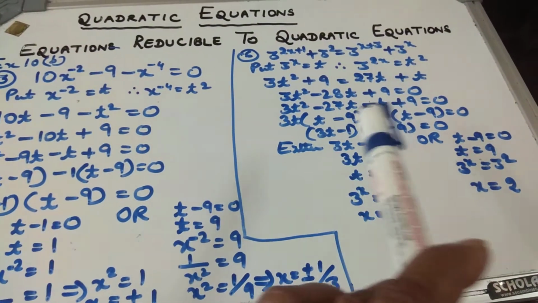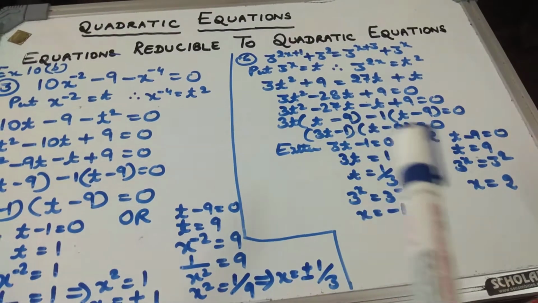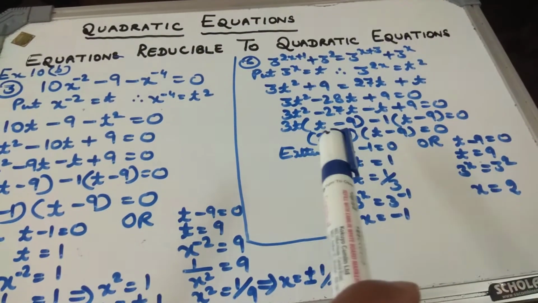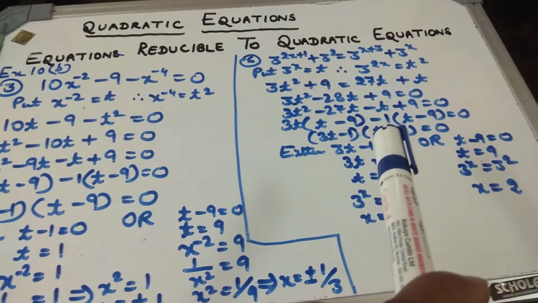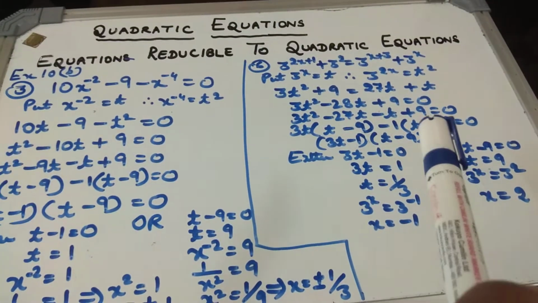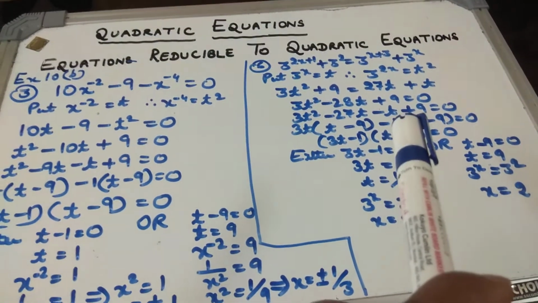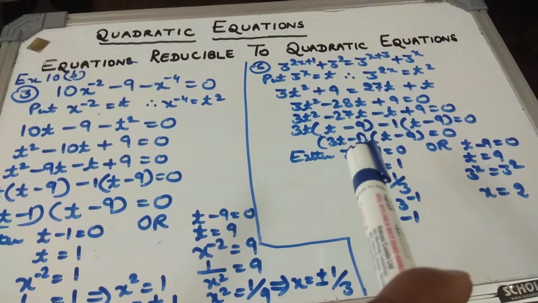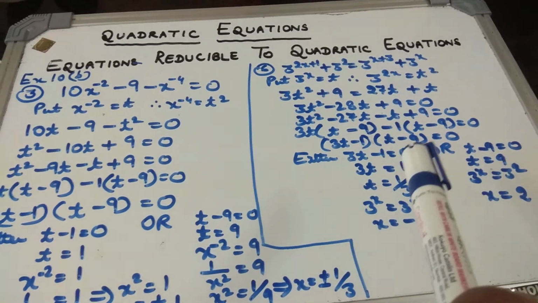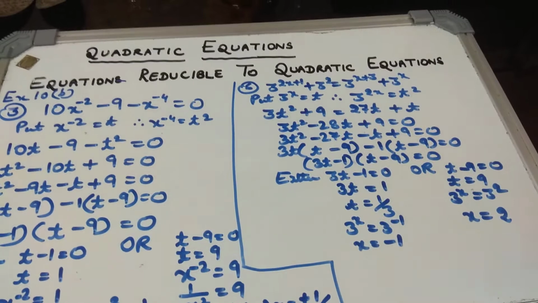Minus 27t minus t, of course, you can write as the middle terms. Now take 3t common: t minus 9, minus 1 common: t minus 9 within the bracket. You know that the bracket term should be the same, then only it is completely factorized. You can take it common. So 3t minus 1 into t minus 9 equals 0 is your final factors.